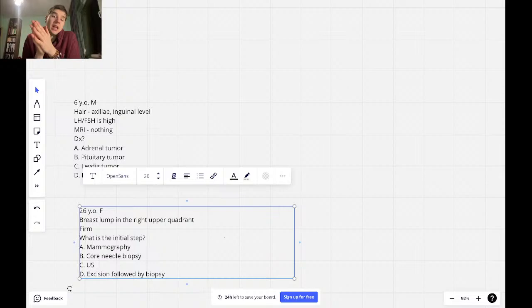for patients who are less than 30 years old. The density of the breast is too high, therefore, we consider ultrasound over mammography.